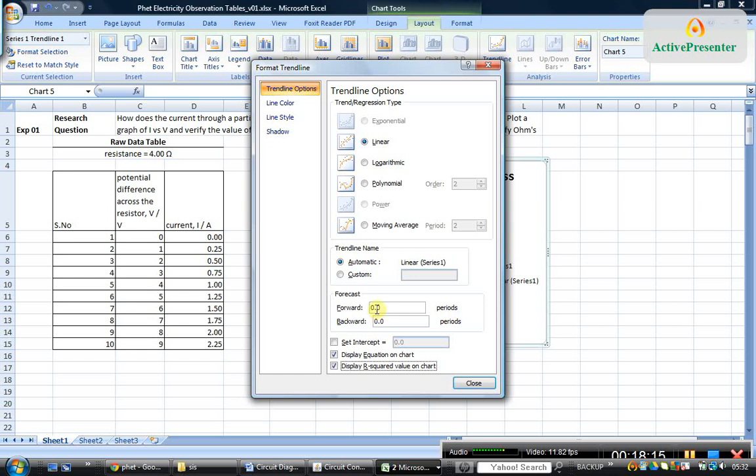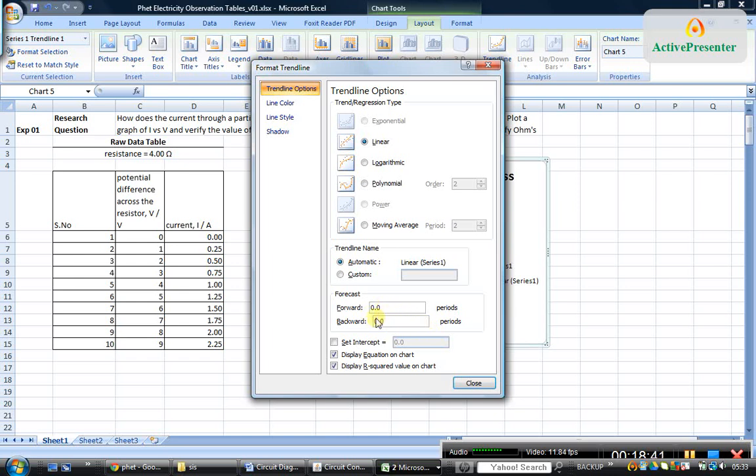For example, if your data points do not have 0 in them, then your graph would start from x coordinate 1 only. But you want to check whether your graph passes through the origin. So then in backward you can type 1 unit. That is, you want the graph to extrapolate or extend backwards by 1 unit in the x-axis. So then you can force it to pass through the origin.